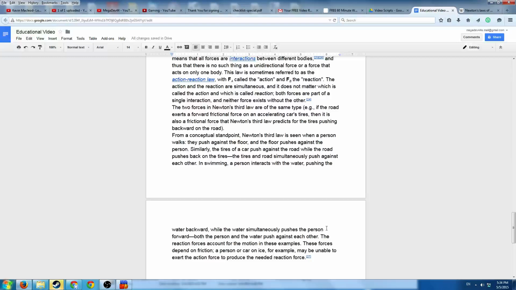Both the person and the water push against each other. The reaction forces account for the motion in these examples. These forces depend on friction; a person or car on ice, for example, may be unable to exert the action force to produce the needed reaction force.